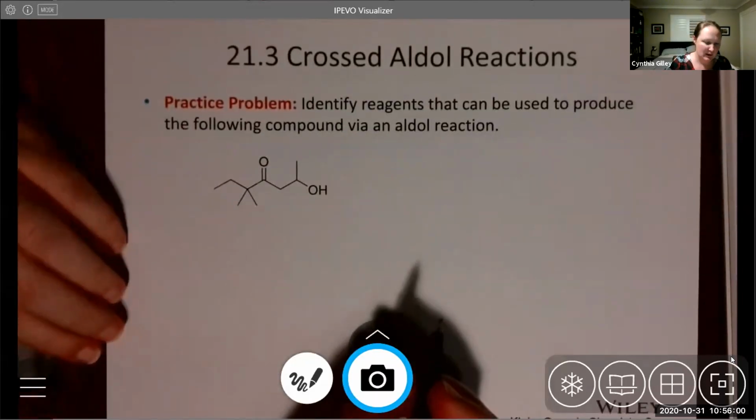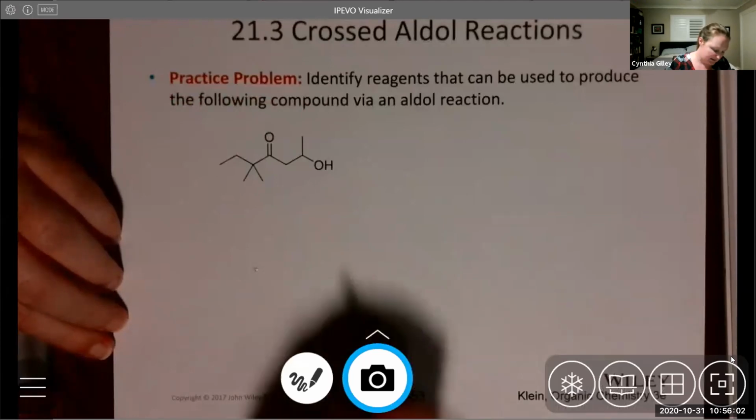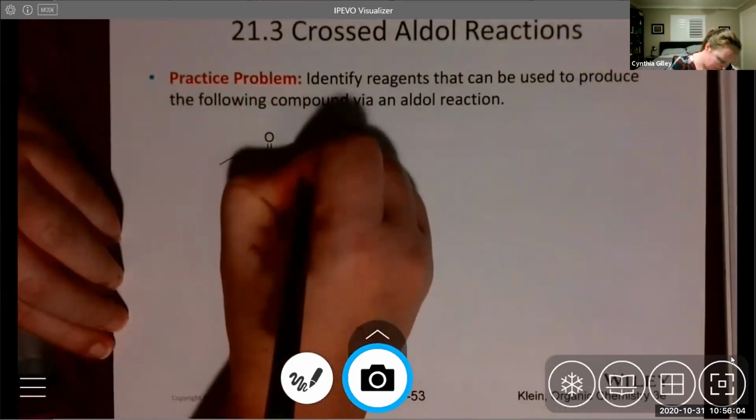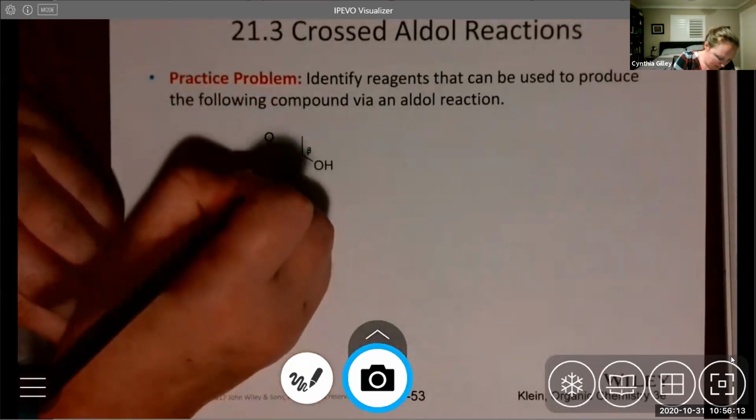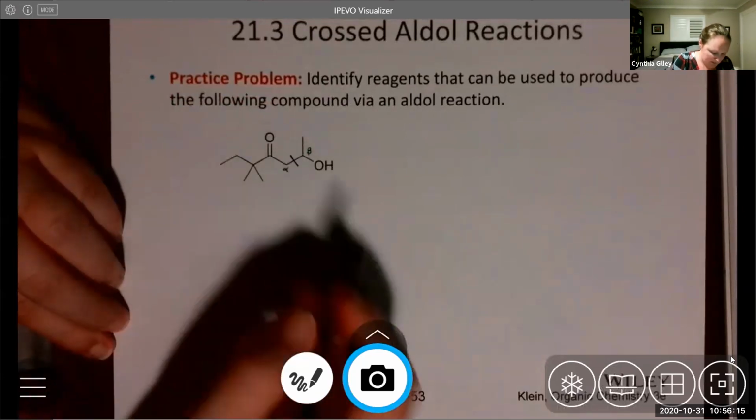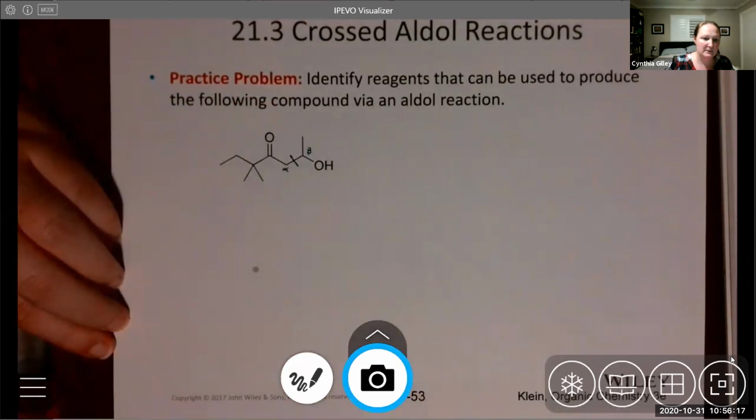Okay, let's go ahead and go over it. Sometimes it's helpful to draw in a little alpha and beta, and then think about what carbon-carbon bond we're forming in this reaction. We're actually going to form the carbon-carbon bond between the alpha and beta carbon.